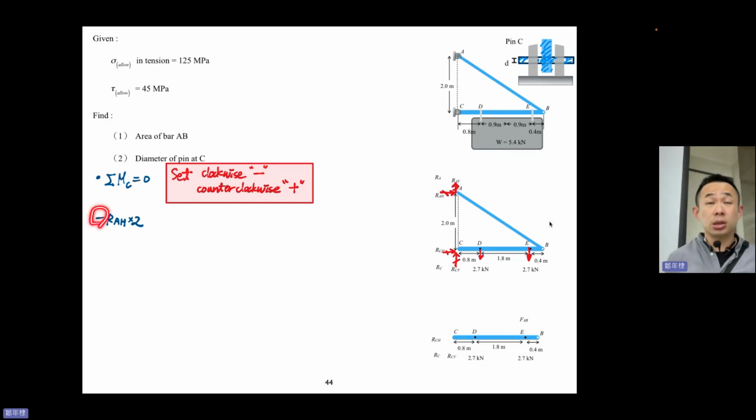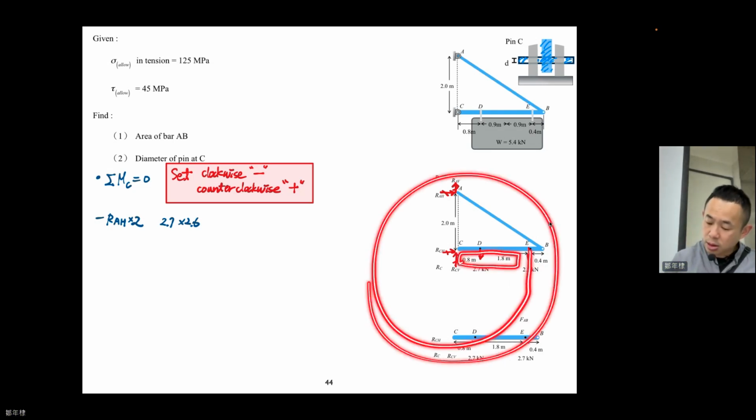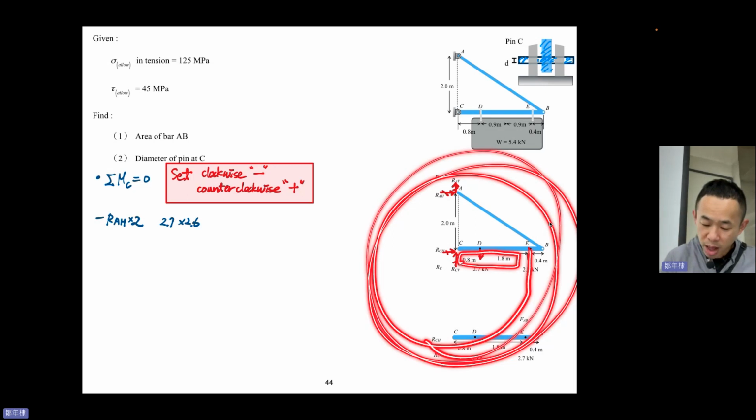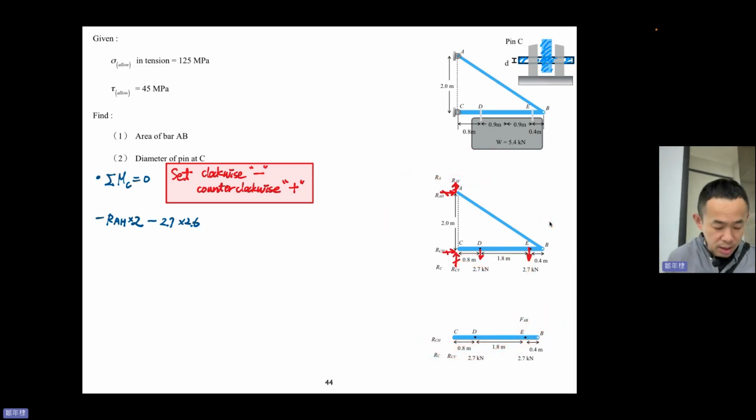So this is minus, okay? And 2 is the force arm, right? And then 2.7 times 2.6, clockwise, minus again, right? Minus.